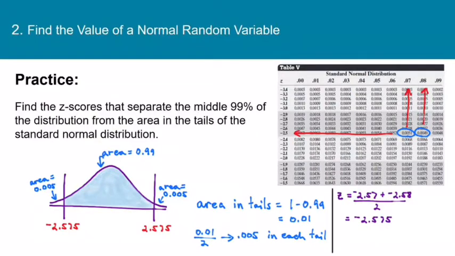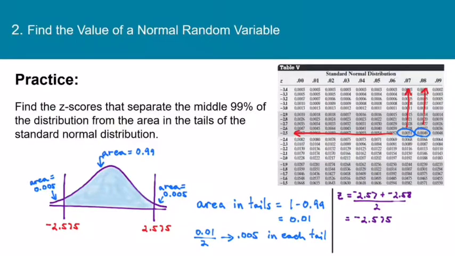Now I know that you may be remembering what I have said previously about z-scores always being rounded to 2 decimal places. That is true whenever we are calculating a z-score. But remember, these two z-scores came to us through the table. We were trying to find an area of 0.005, and the two areas we found in the table were both equally far from 0.005, so we had to break the tie by averaging the z-scores.